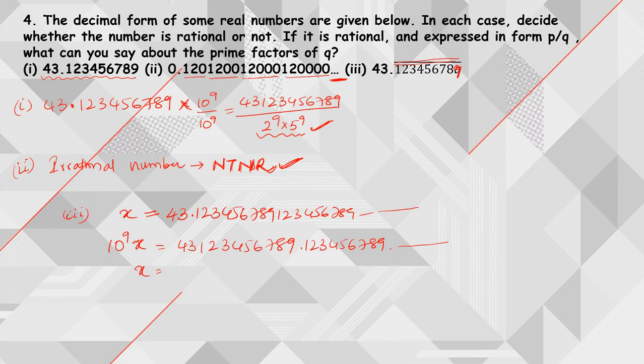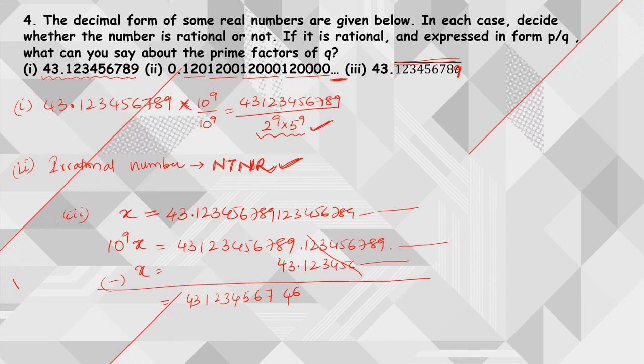Again writing x, which is 43.123456789 and so on. When I do the subtraction, the whole repeating part gets cancelled. 9 minus 3 is 6, 8 minus 4 is 4, followed by 7 6 5 4 3 2 1 4 3, and this is nothing but 10 power 9 x minus x.